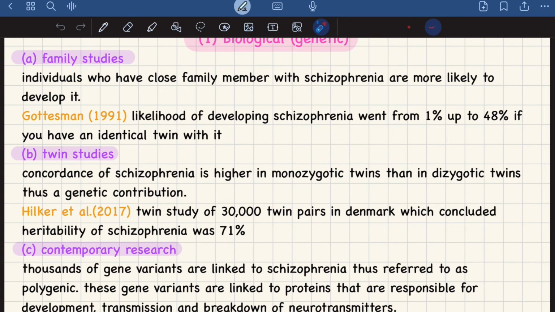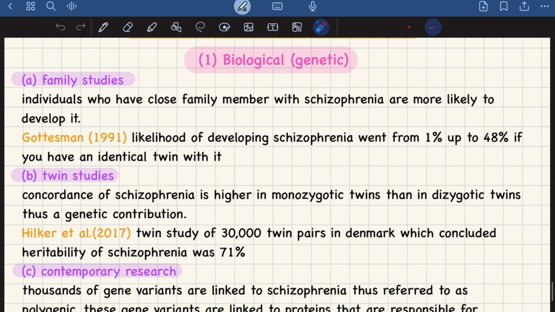So an example study was done by Hilker in 2017. He did a twin study on 30,000 twin pairs in Denmark, which concluded that the heritability of schizophrenia was 71%. Heritability is related to genes. So you inherited schizophrenia. Again, biological.